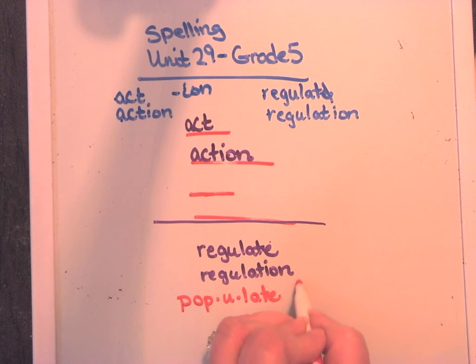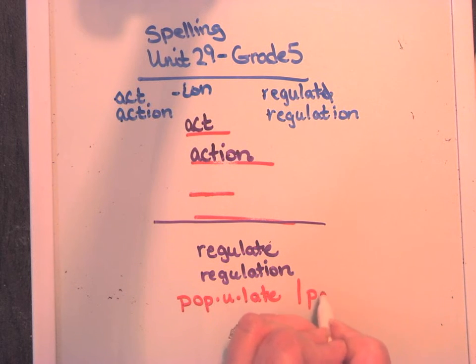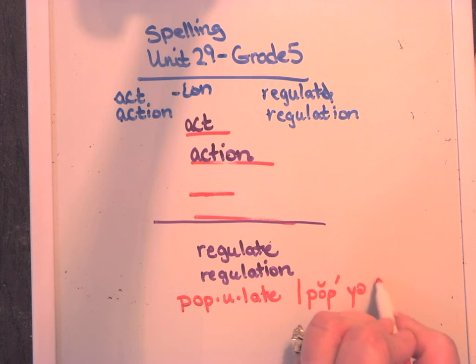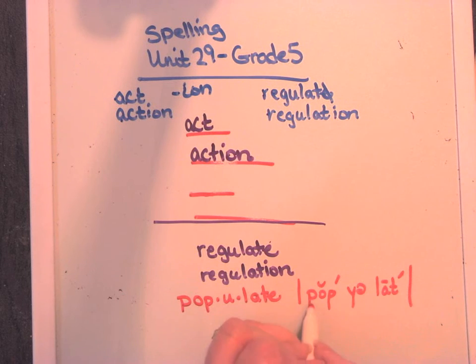Right next to it, you have the spelling of what it sounds like: pop, with the Y with the upside down E, and then L-A-T, and this is a little bit darker than the other ones. I know you can't see it well once I darkened it, but this is going to show you what you're supposed to do here.